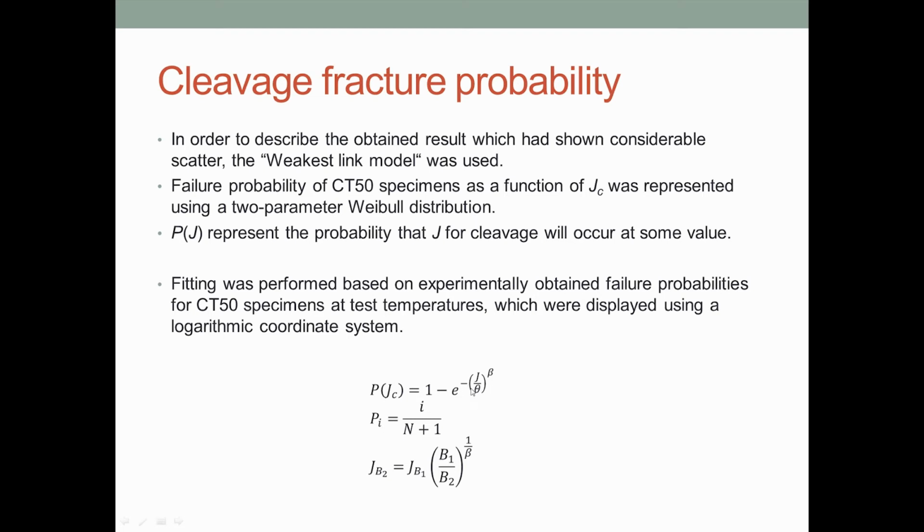So this scale parameter theta is actually the J value when the probability is 0.632.